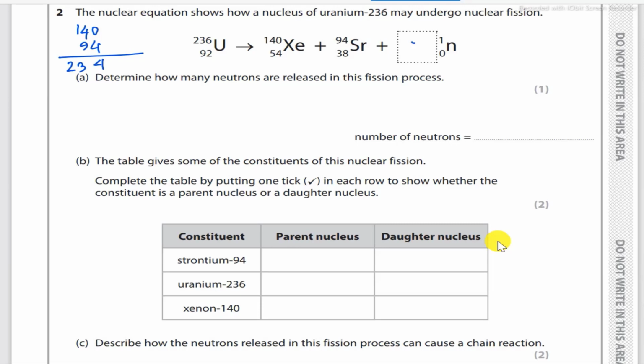Here 236 is the mass of uranium, so by subtracting we get 2. That's why we get 2 neutrons in this nuclear fission reaction. Determine how many neutrons are released in this fission process. So the answer will be 2.